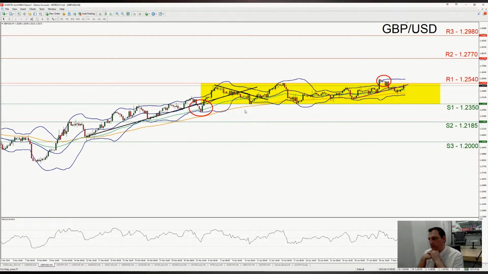Now, GBP USD also had some slight upward movement, but overall the sideways motion seems to be maintained between the 1.2540 and the 1.2350. It's interesting how cable also had some slight bullish tendencies, but it's not as obvious as it is with Euro USD.